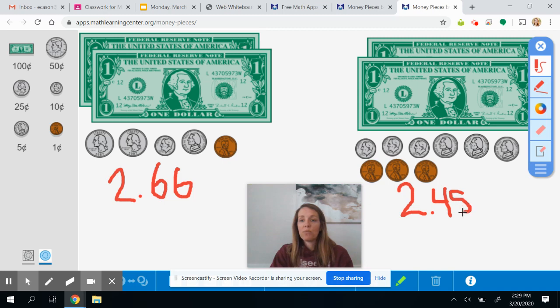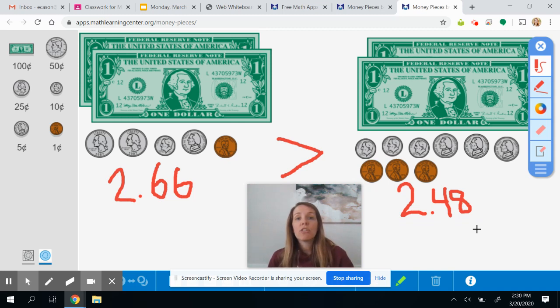Now if we have $2.66 and $2.48, how would I write my sentence? $2.66 is greater than $2.48. Very good.